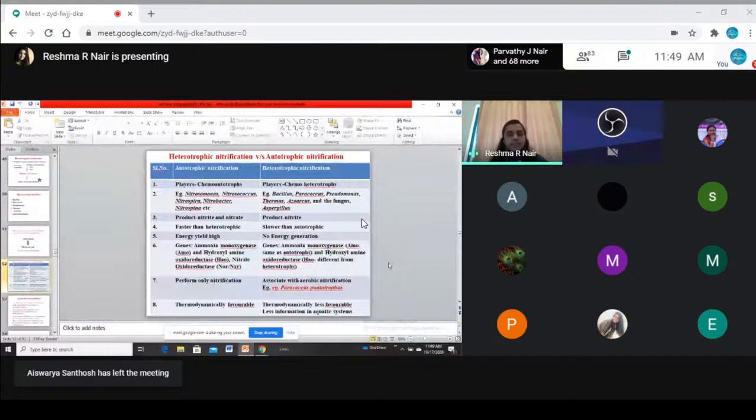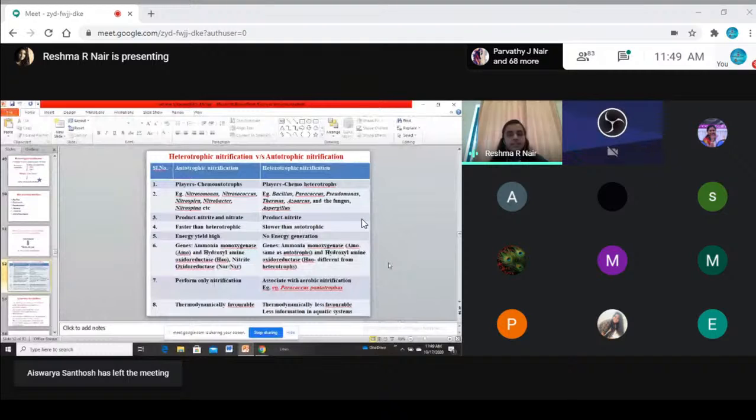Suppose we are providing glucose to a medium, the E. coli will use glucose as the substrate. Denitrifiers use nitrate as the electron acceptor and not oxygen, because they are more sensitive to oxygen. So nitrate will act as the electron acceptor, as they cannot use oxygen as the electron acceptor. So their electron transport chain will be something different.